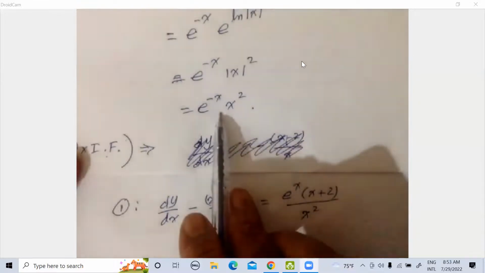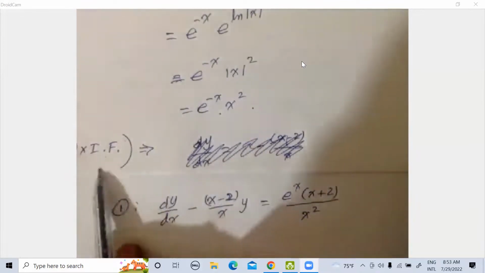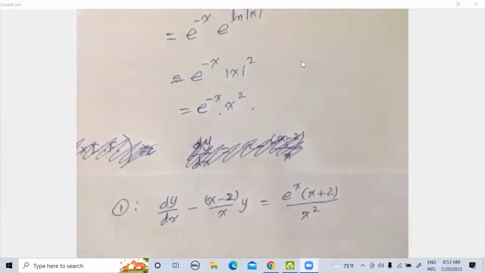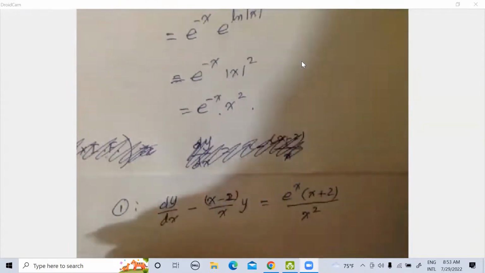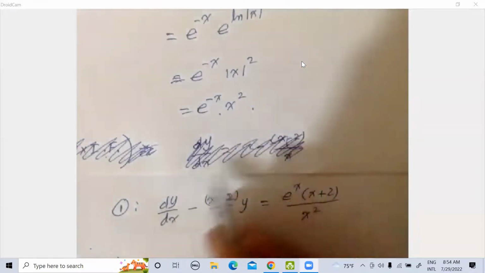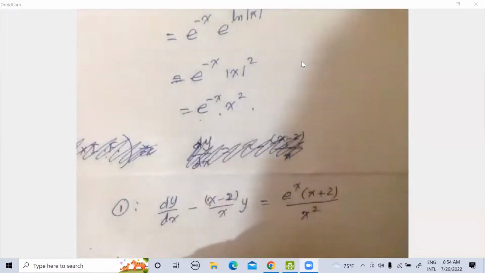Now this is the integrating factor. Multiply equation 1 by the integrating factor, e to the minus x squared.